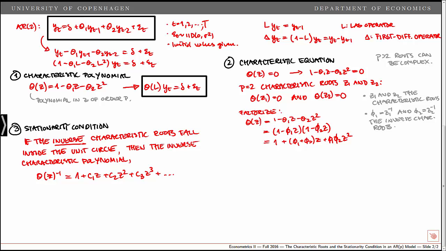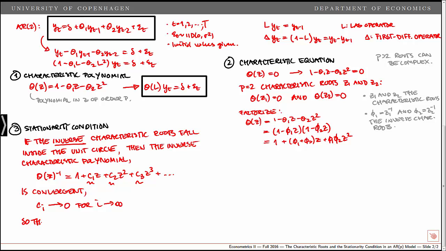So again, if the inverse characteristic roots fall inside the unit circle, then the inverse characteristic polynomial is convergent. That means that the coefficients c_1, 2, 3, if we look at c_i, that converges to 0 for i going to infinity.